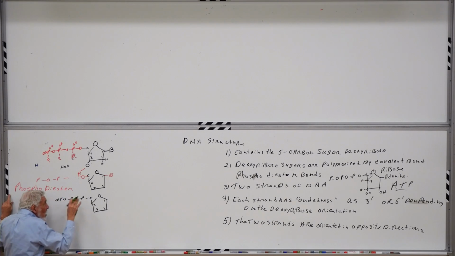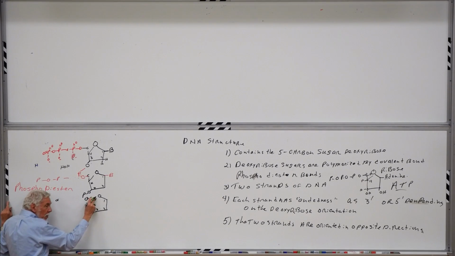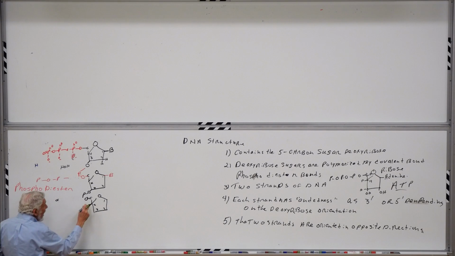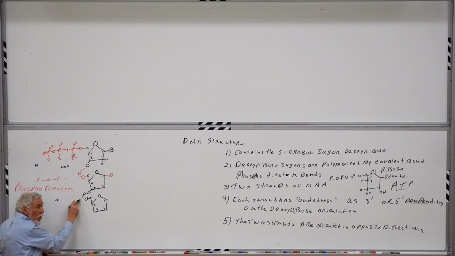But the end result is going to take this hydroxyl on number 3 carbon and link it through its oxygen to a phosphorus to the oxygen on this carbon. So now we have again a carbon, oxygen, phosphorus, oxygen, carbon bond, the phosphodiester linkage.